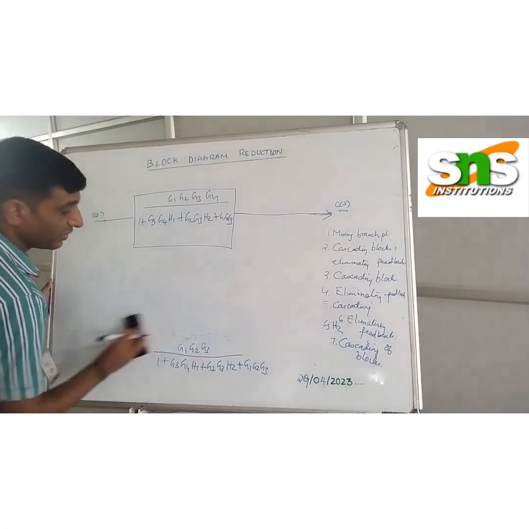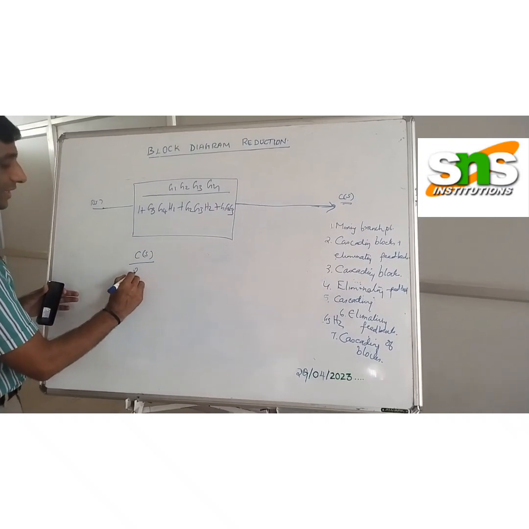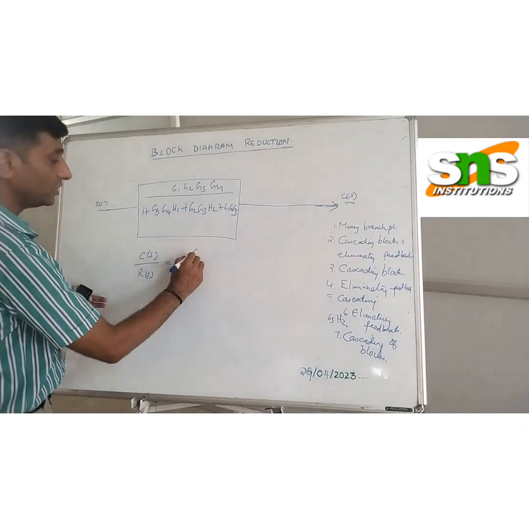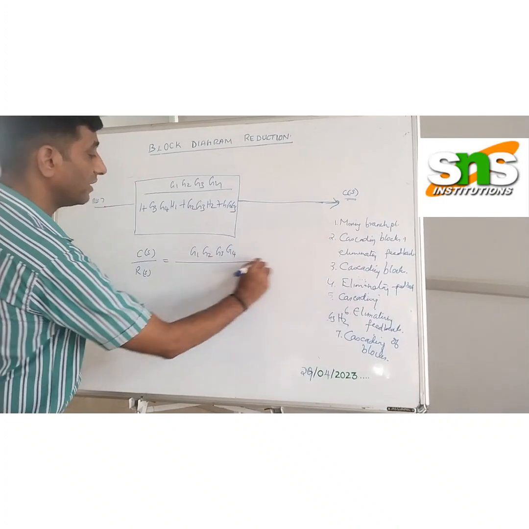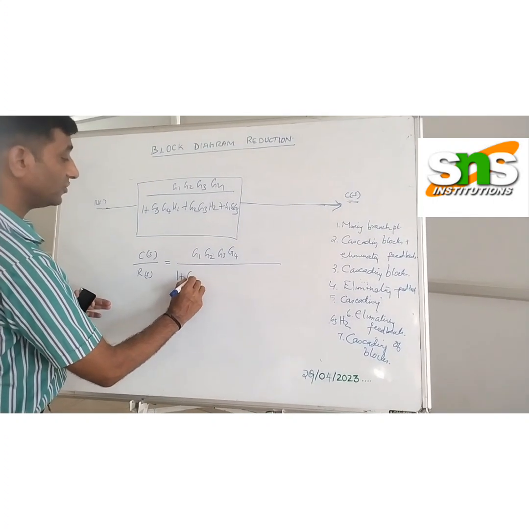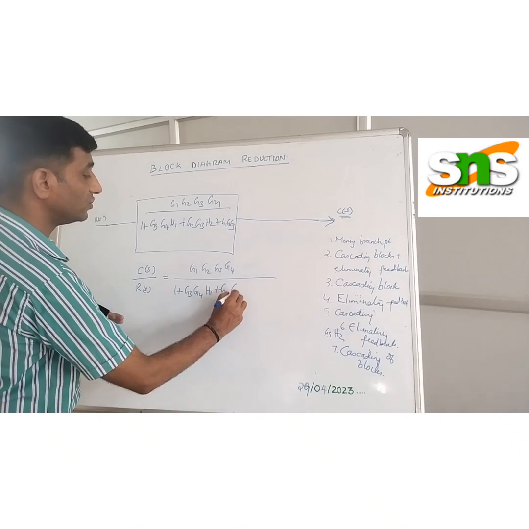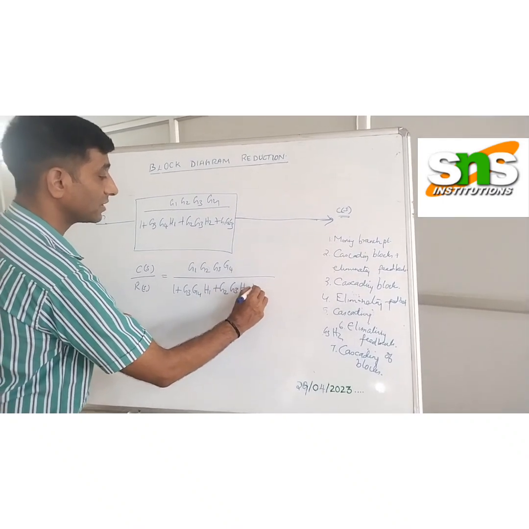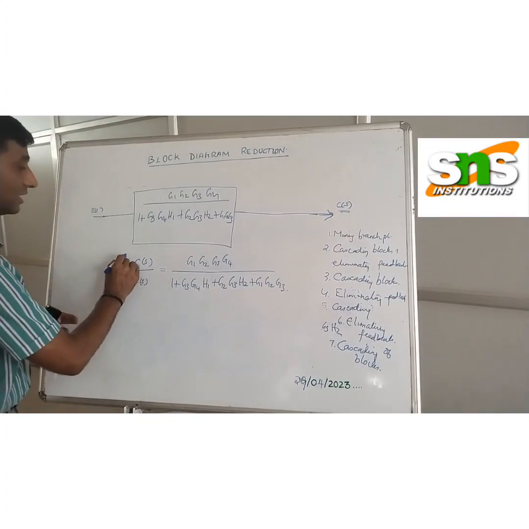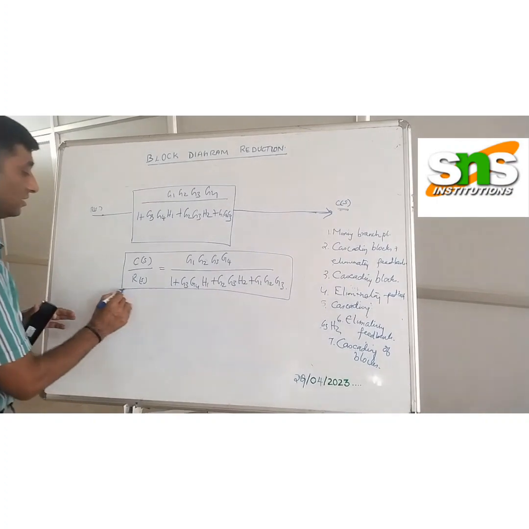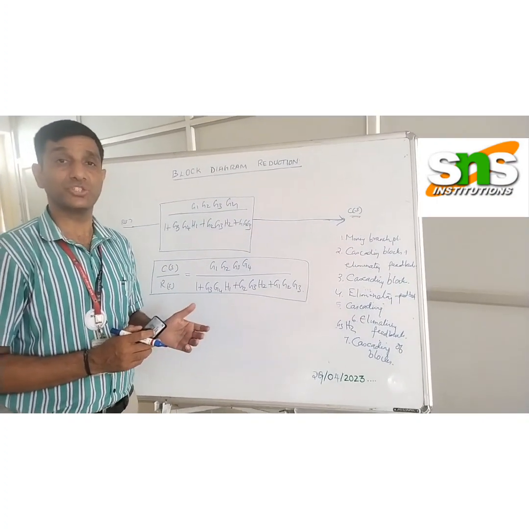So when I write my final transfer function, C of S by R of S is equal to G1, G2, G3, G4 divided by 1 plus G3, G4, H1 plus G2, G3, H2 plus G1, G2, G3. So this is my final transfer function arrived after reducing the complex block diagram using the block diagram reduction technique.